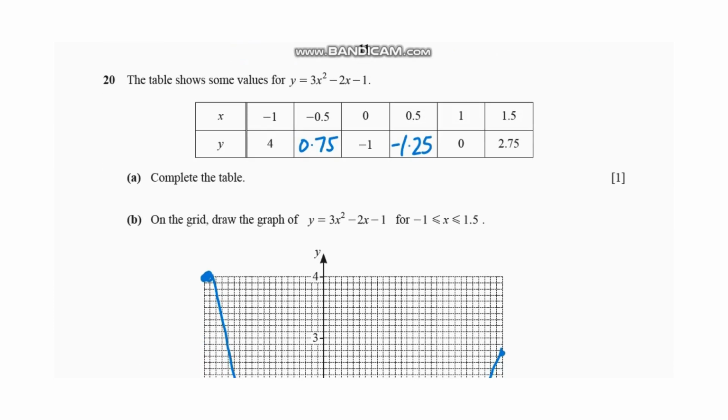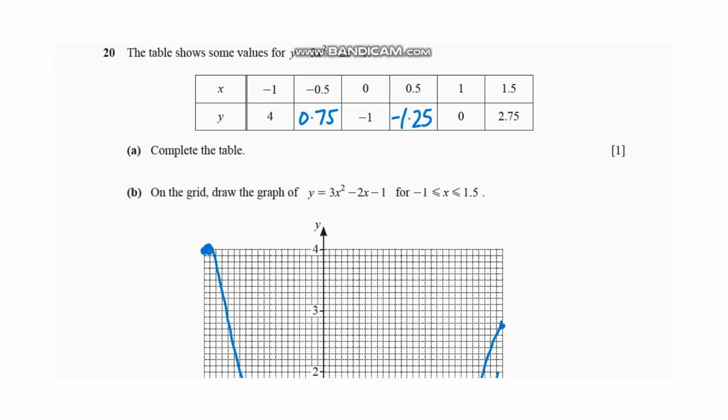Question 20 states solve value. The table shows some values for y, which is 3x squared minus 2x minus 1. So complete the table. First one will be 0.75. The second one will be minus 1.25.